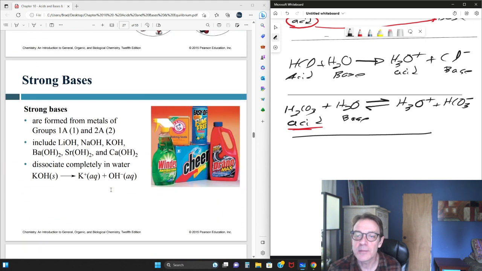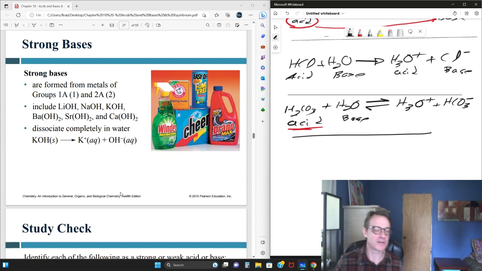Okay, and strong bases, just like you can hopefully see kind of where I'm heading with this. Strong bases are bases that dissolve completely or dissociate completely in water. I see a lot of metals combined with hydroxides: lithium hydroxide, sodium hydroxide, potassium hydroxide, all strong bases.